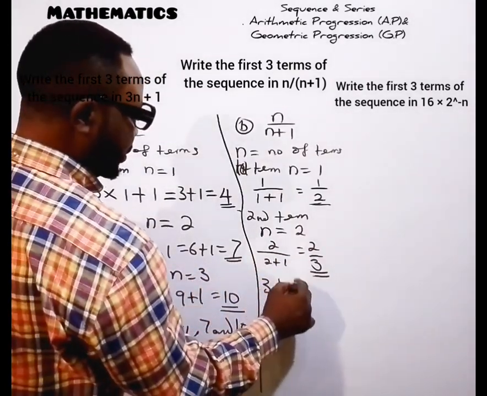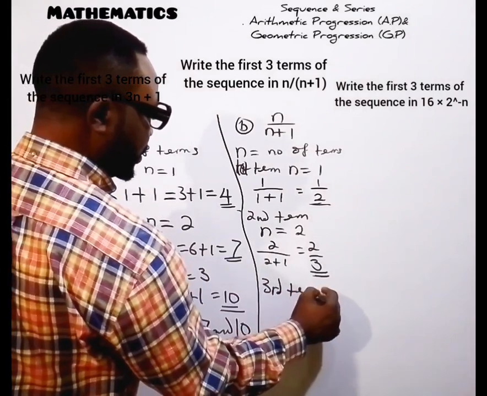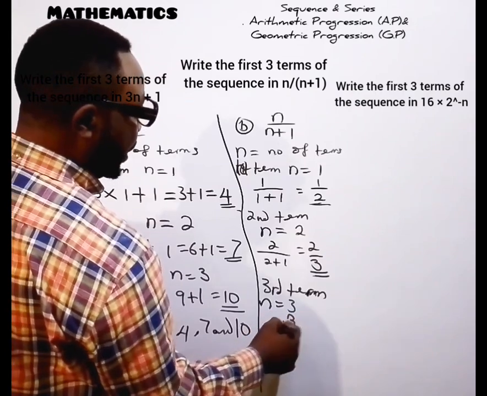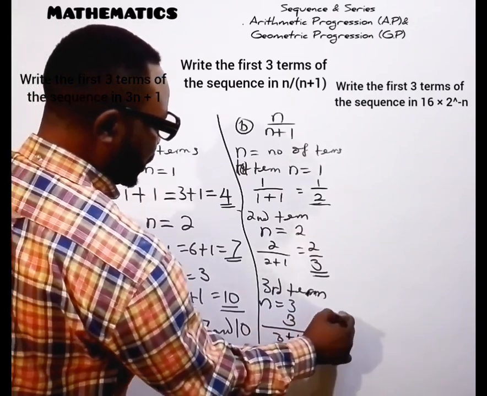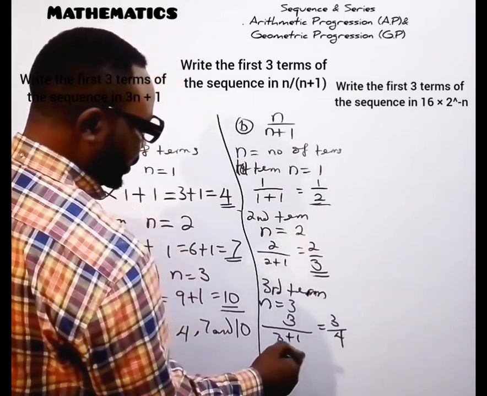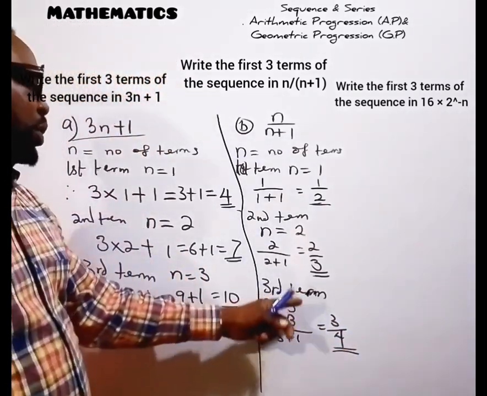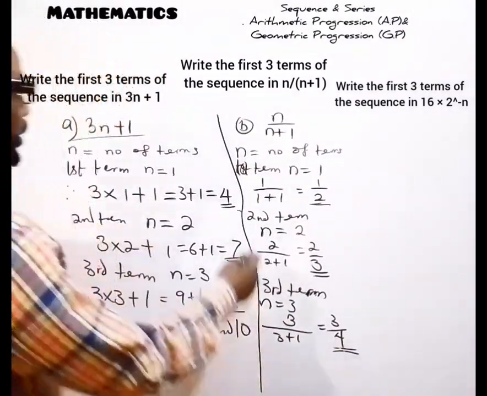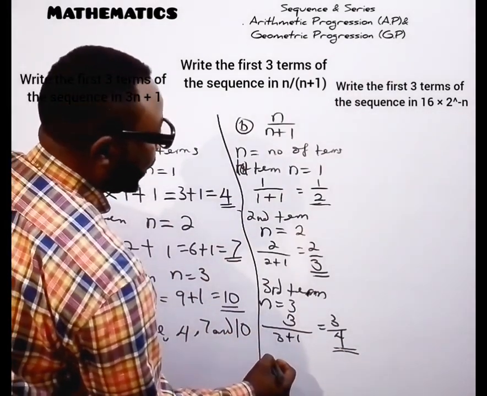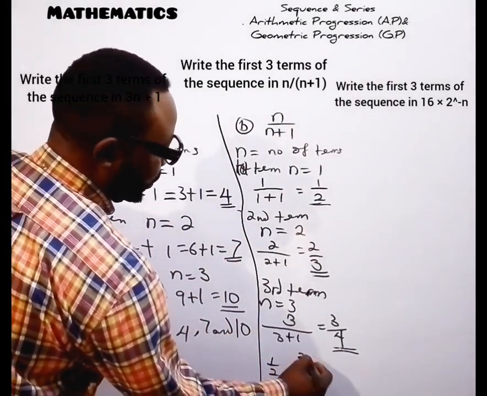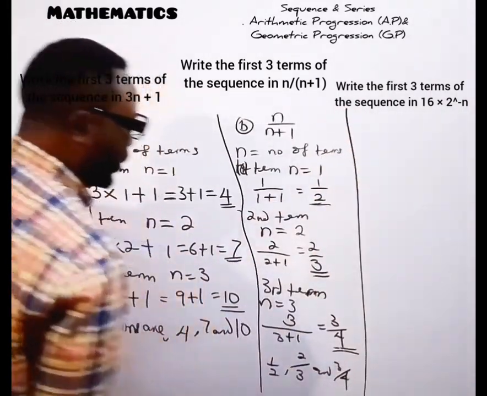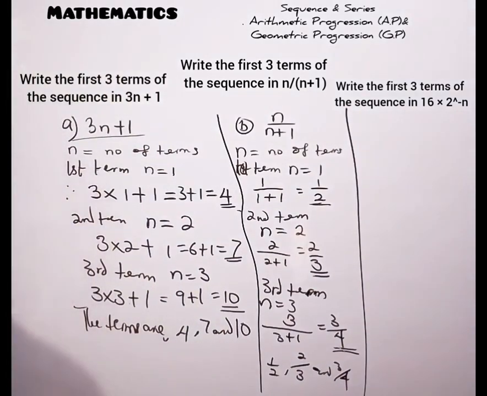While the third term, where n is equal to 3, will be equal to 3 over 3 plus 1, which is equal to 3 over 4. Therefore, we have the first, second, and third term to be 1 over 2, 2 over 3, and 3 over 4. Those are the values of the first, second, and third term for that sequence as well.